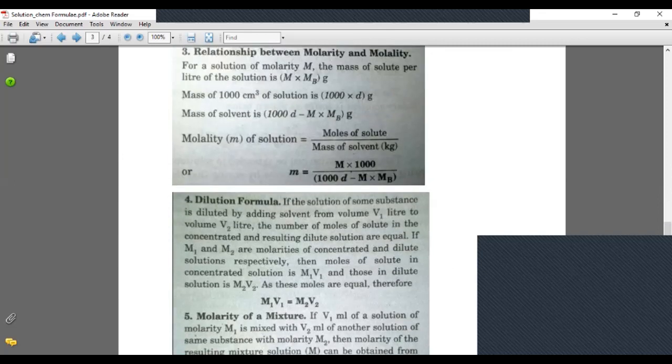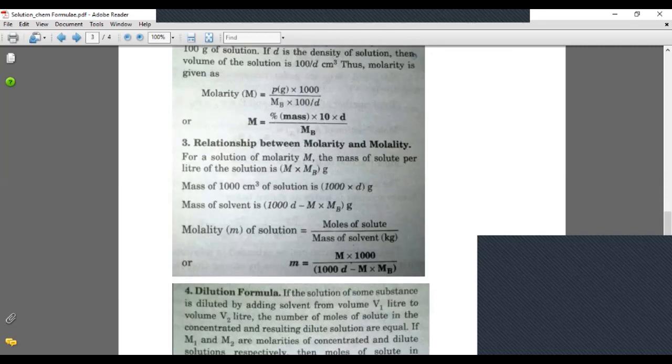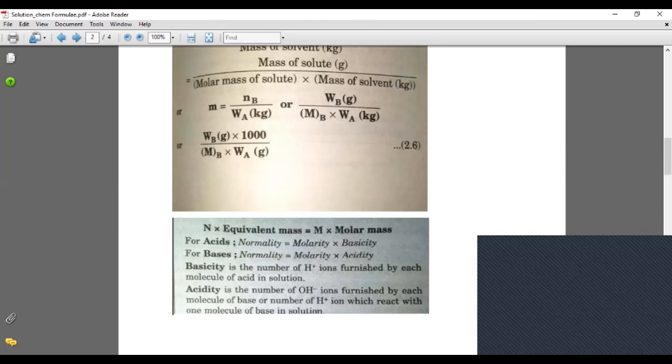In our binary solution, there are two components, component A and component B. Component A is the solvent, whereas component B is the solute. So for the solvent, we consider Na as the number of moles of component A, and Nb as the number of moles of component B. So the total number of moles will be Na plus Nb.